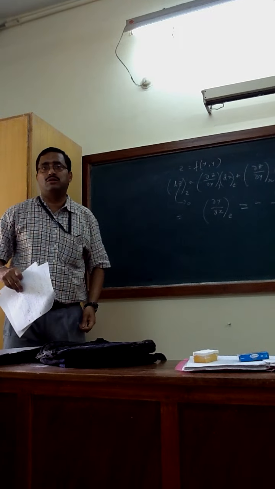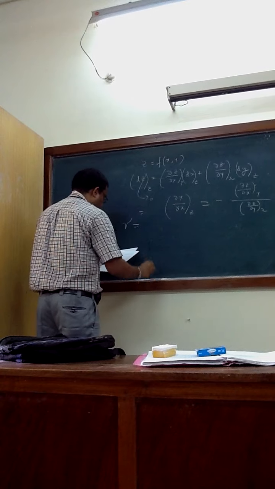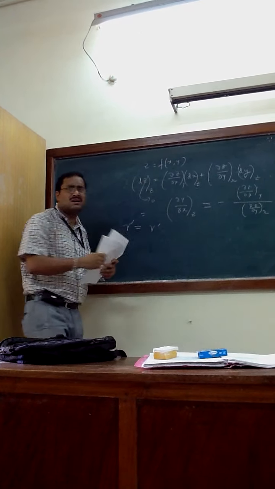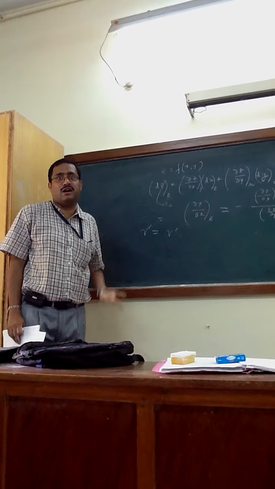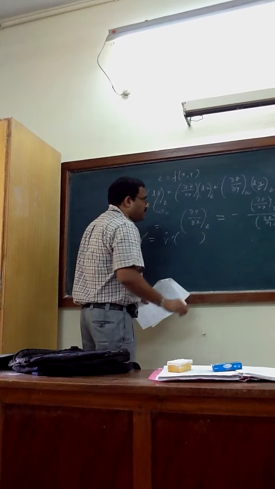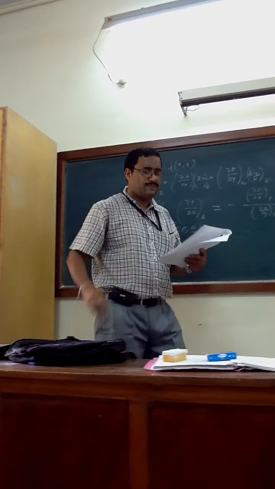What's the first step? Rahul? V' equals what? Yeah, V'. That's why I always care about the kindergarten level. V' is a function of T, P and N bar. Next step.